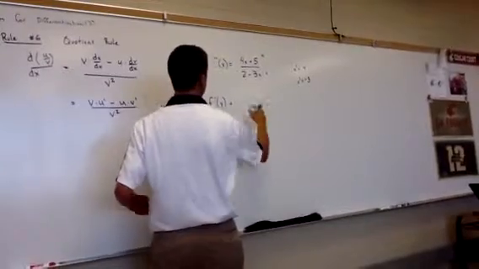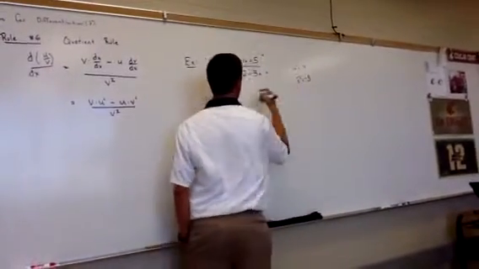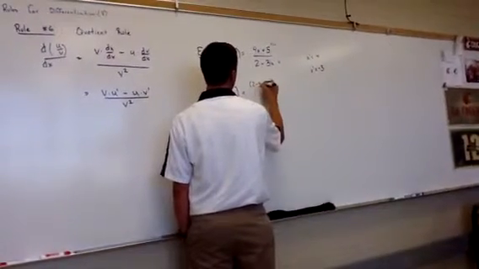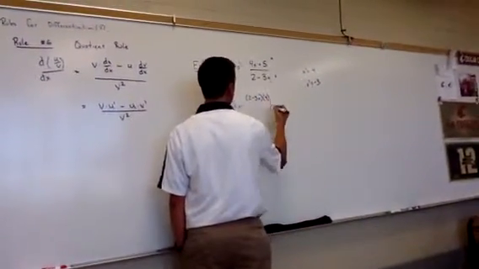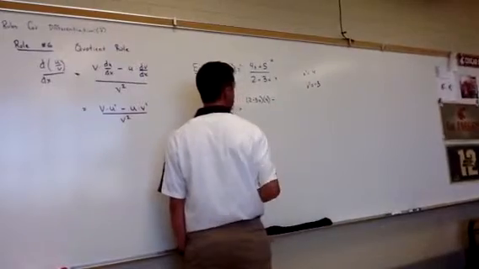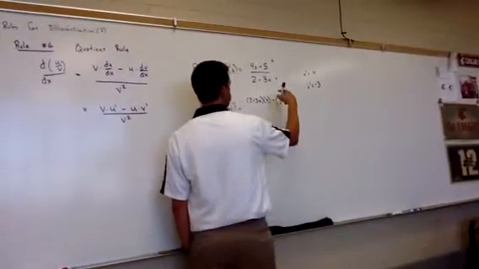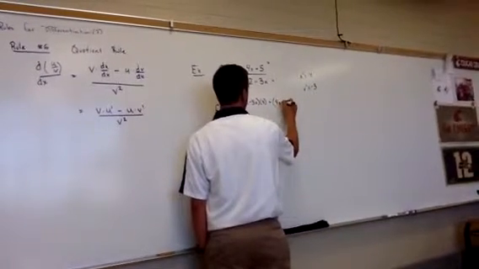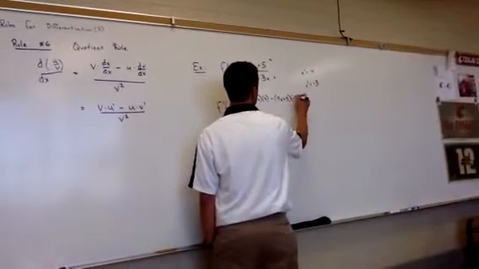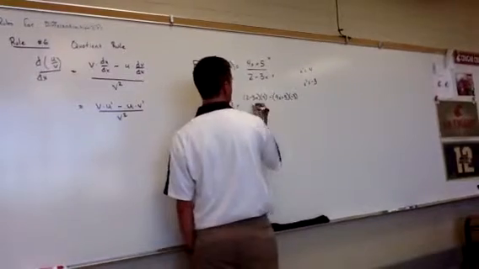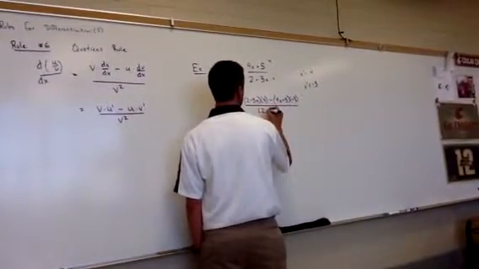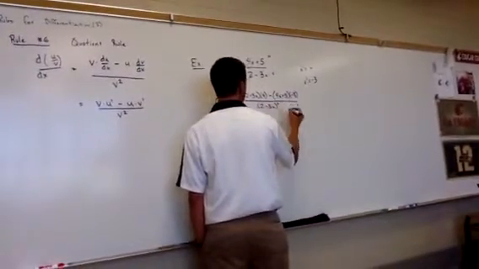is equal to v times u prime. So 2 minus 3x times 4 minus u times v prime. 4x plus 5 times negative 3 divided by 2 minus 3x quantity squared.